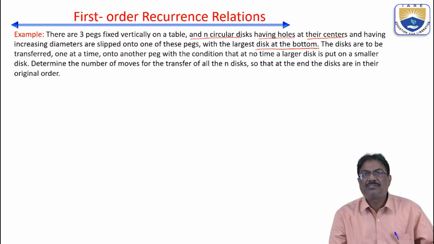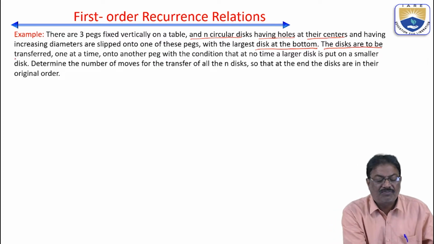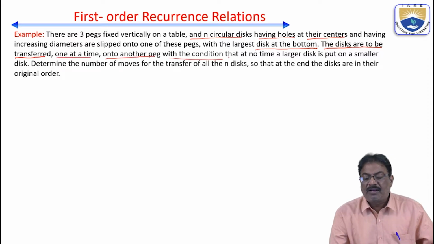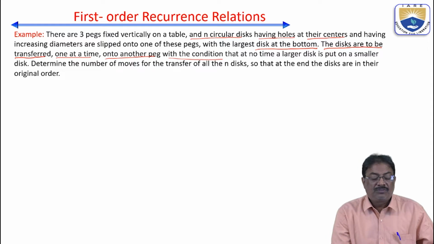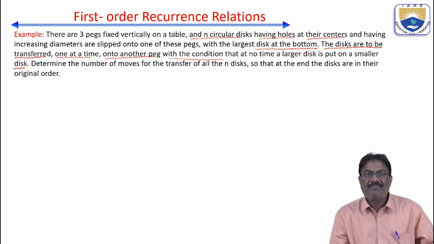The largest circular disc is at the bottom. Then the discs are to be transferred one at a time to another peg, with the condition that at no time is a larger disc put on a smaller disc. So a larger disc will not be kept on a smaller disc.